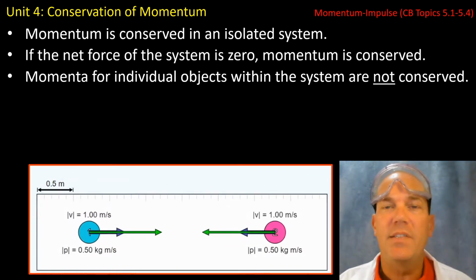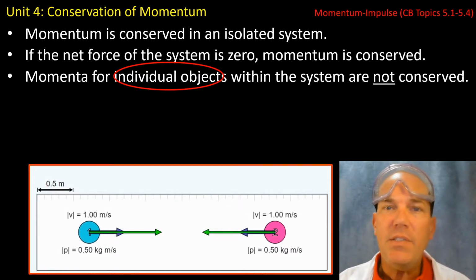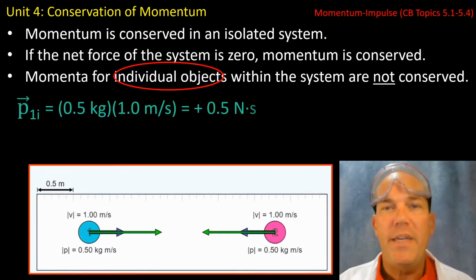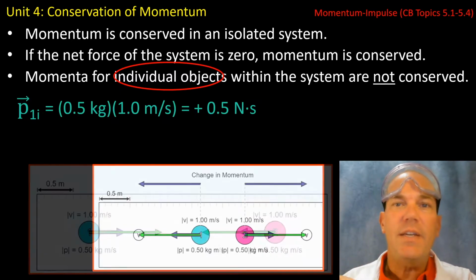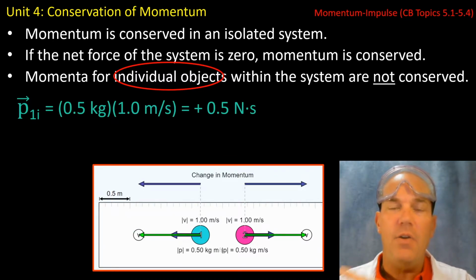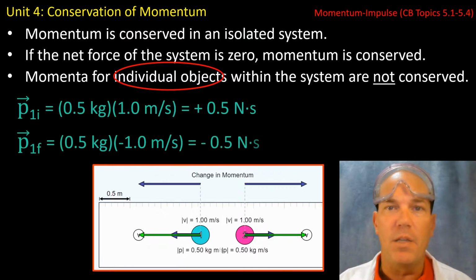Let's analyze the individual momenta for the two objects in our system. Let's start by finding the initial momentum for the light blue colored ball. We can calculate it to be positive 0.5 Newton seconds. Let's look after the collision now and calculate the final momentum for the light blue colored ball to be negative 0.5 Newton seconds.